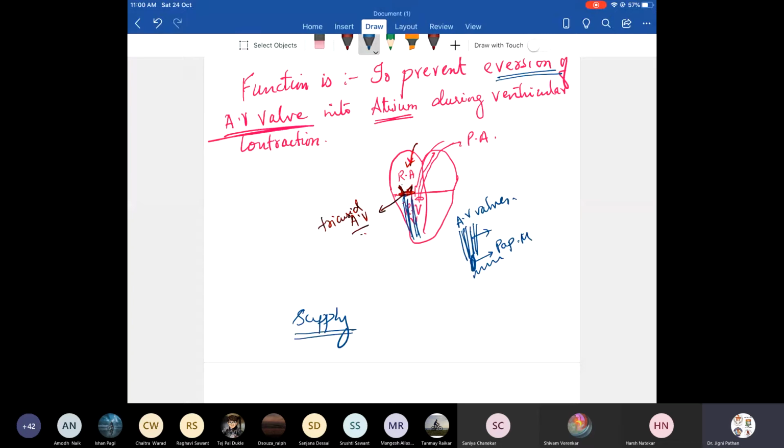So the coronary artery supplies oxygenated blood to the heart muscle. Is it clear? All over the heart, there is an artery which carries oxygenated blood to provide oxygen to the cardiac muscles. We have studied about the cardiac muscle in the first chapter, right? So it provides oxygenated blood.